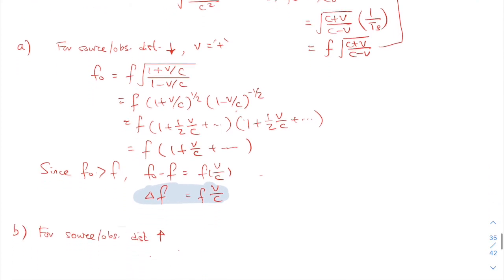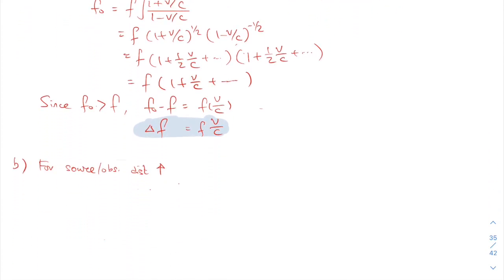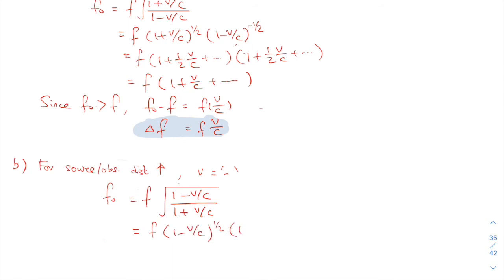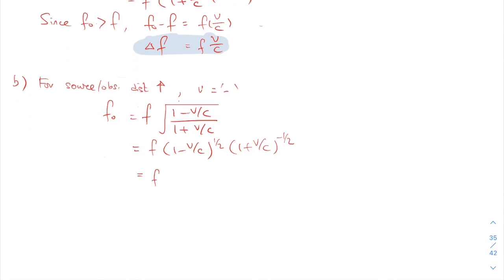Now let's consider a second situation where the source and observer distance increases. So for this case, the relative velocity is negative. So I will have this expression where it's 1 minus v over c divided by 1 plus v over c. Again, I use binomial expansion. I would get this expression, and I ignore the third term onwards.